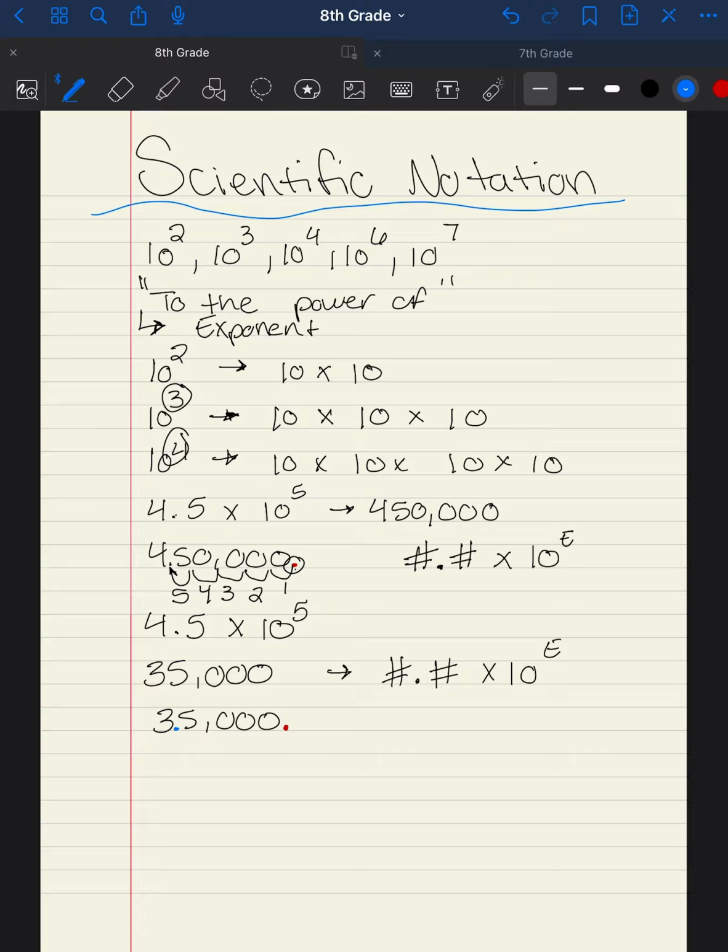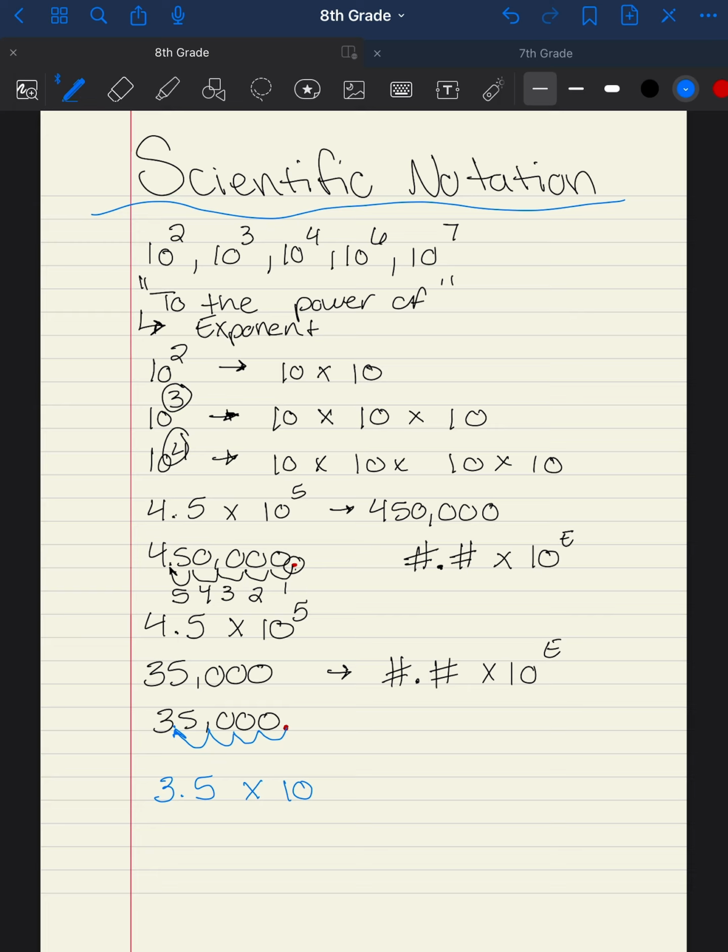So I'm going to count how many times I have to move my decimal to be right here. So let's count. 1, 2, 3, 4. Moved it 4 times. So my new decimal is right there. So my new number is 3.5. Now I write my times 10 like every single scientific notation equation will have.